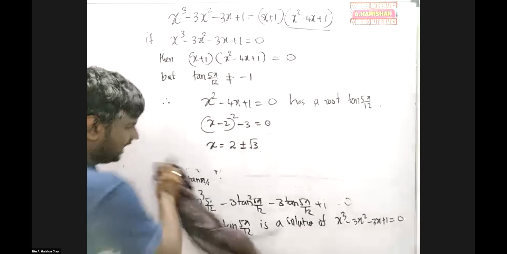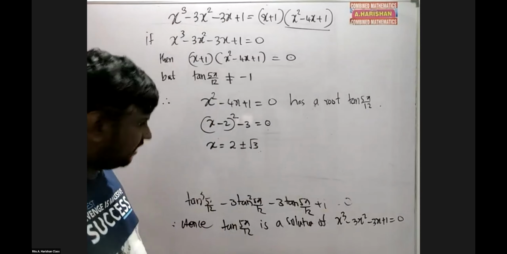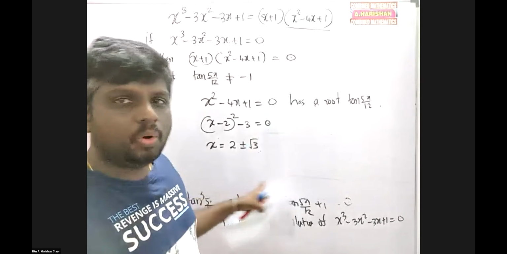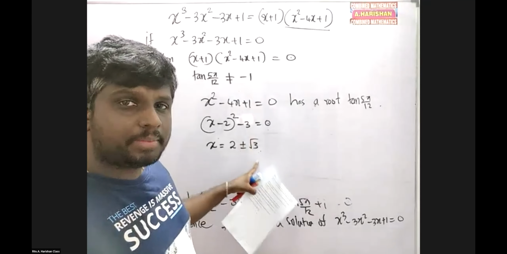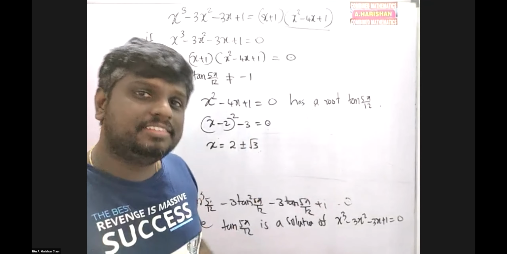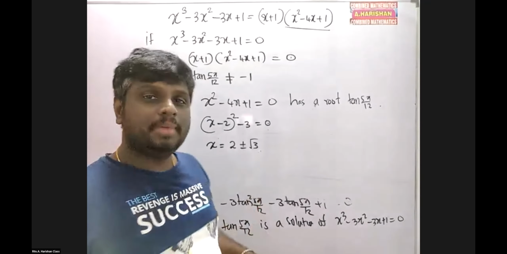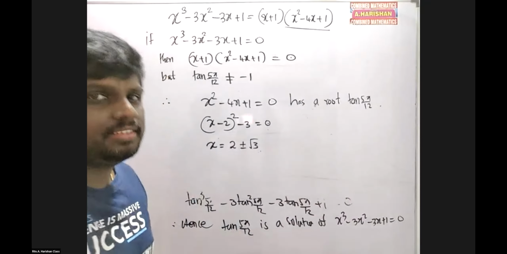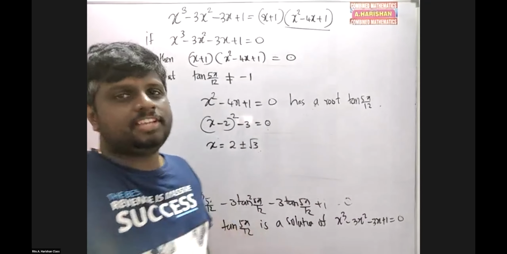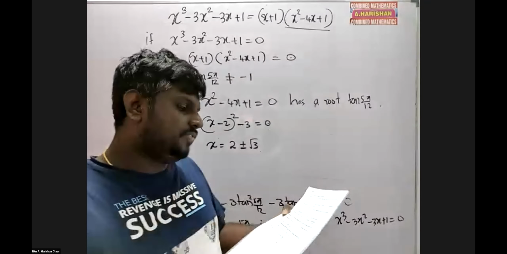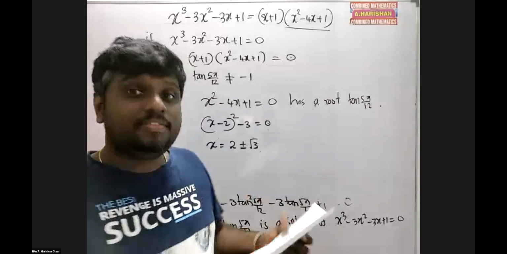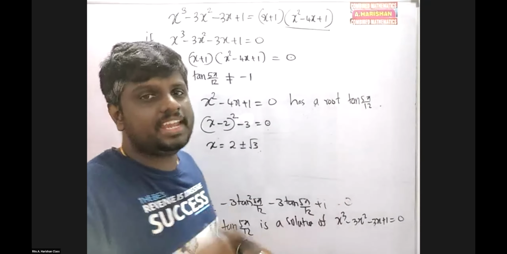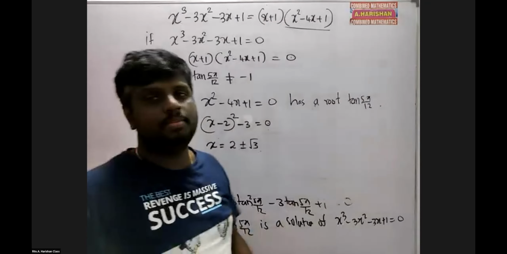So if you take plus, the whole thing is plus. If you take minus, it is going to be minus, because root 3 is subtracted. So which answer are you going to get for tan 5 pi by 12? That is a challenging one. Obviously we know we are going to get the plus value, but we have to say why we get the plus value and why we don't get the minus value for tan 5 pi by 12.